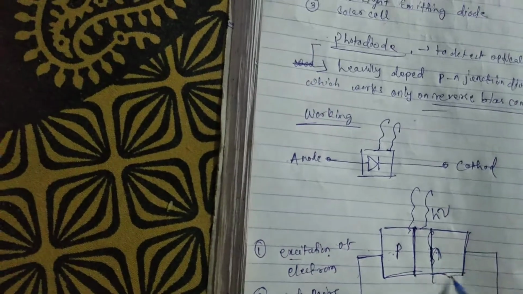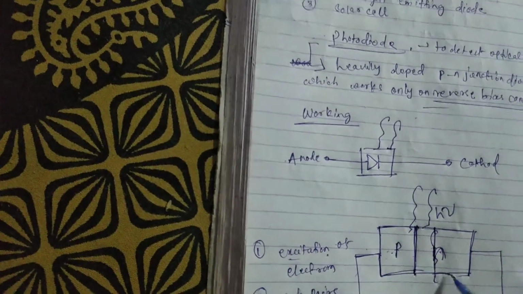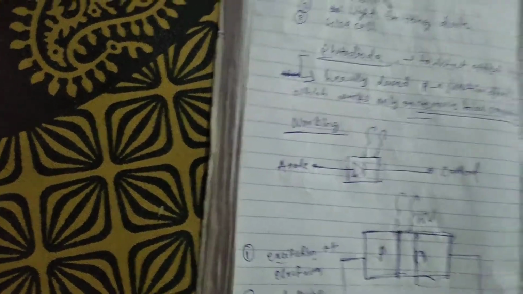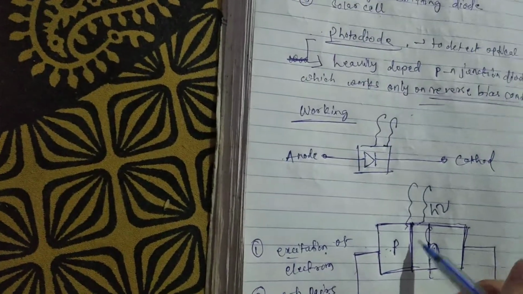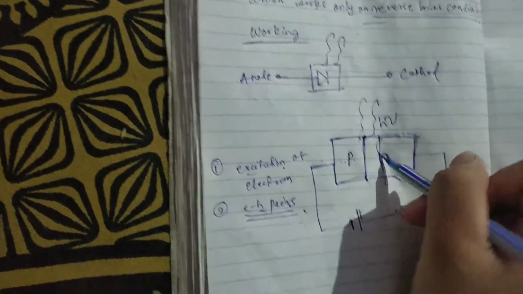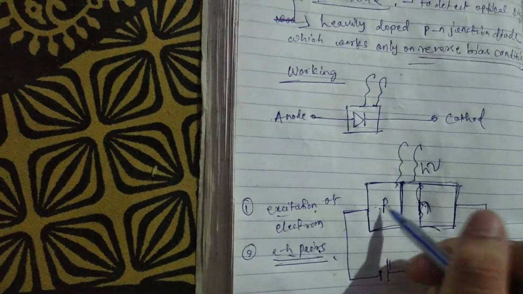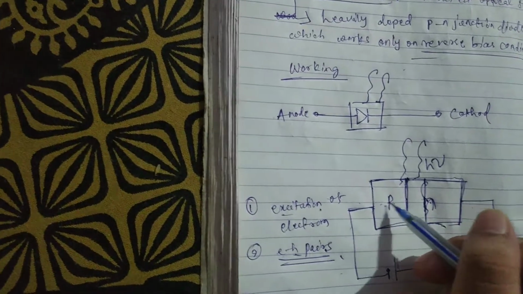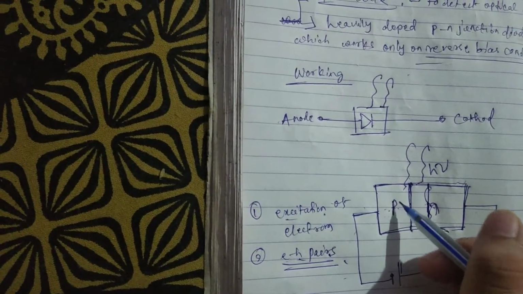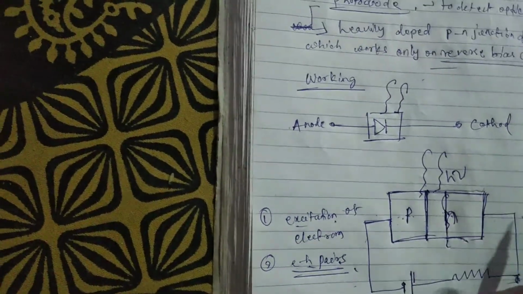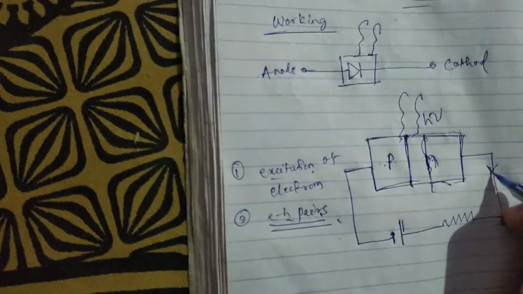There will be a creation of voltage across this junction due to the formation of electron hole pairs and their separation, and since the holes go to the p side and the electrons go to the n side, there will be a voltage generation. Due to this voltage, there will be a flow of current, a generation of a current.